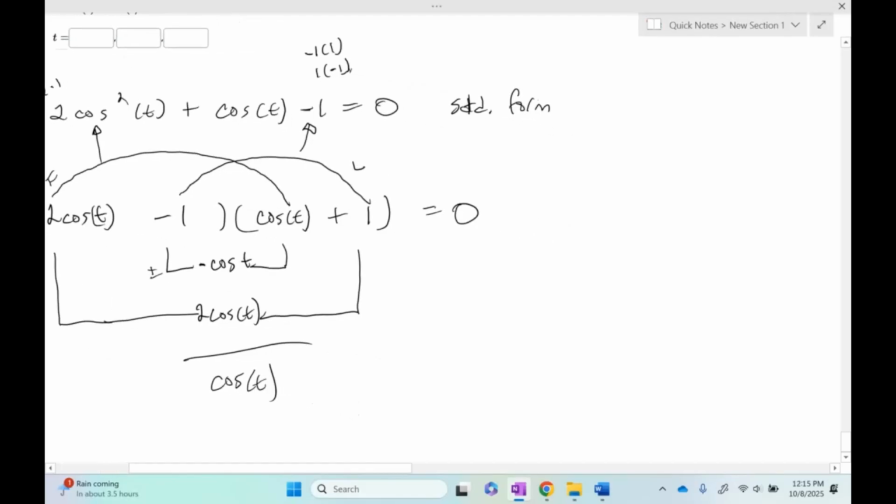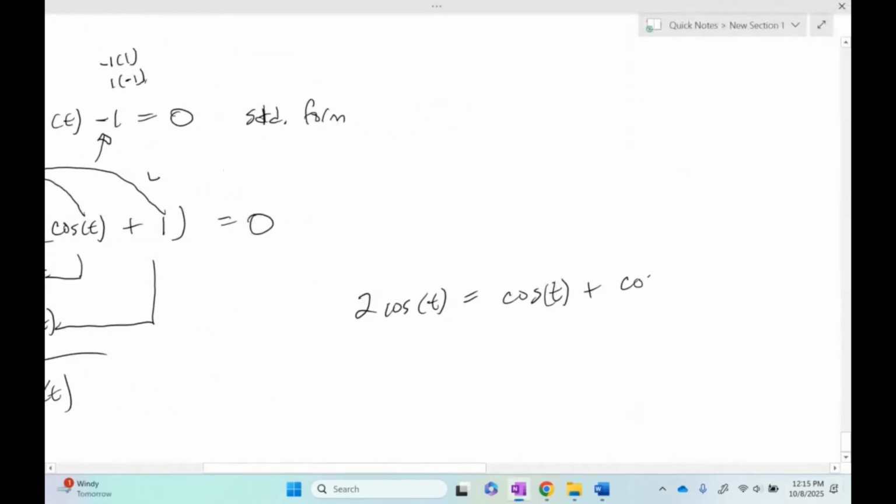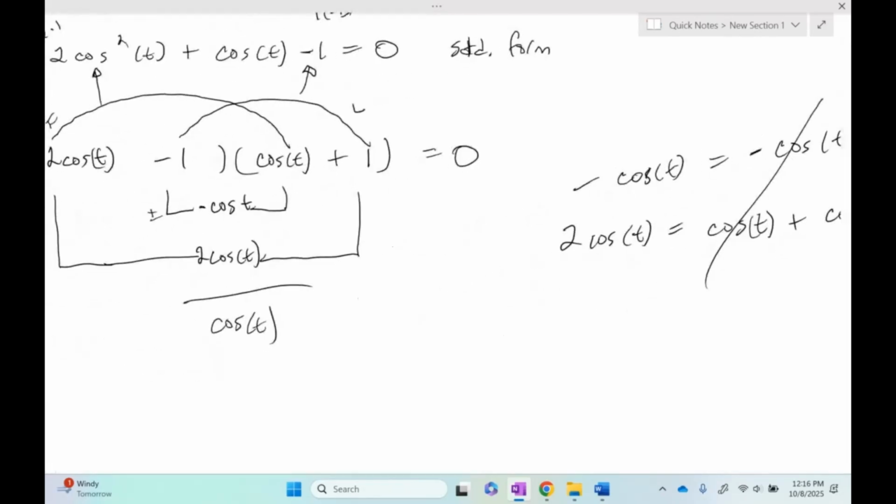So 2 cosine t is just 1 cosine t plus another cosine t, so altogether I have 2 cosine t's. Negative cosine t looks like this. If you add all that together, this negative cosine t is going to cancel out one of the positive cosine t's, so I have left positive cosine t, which is the correct middle term.